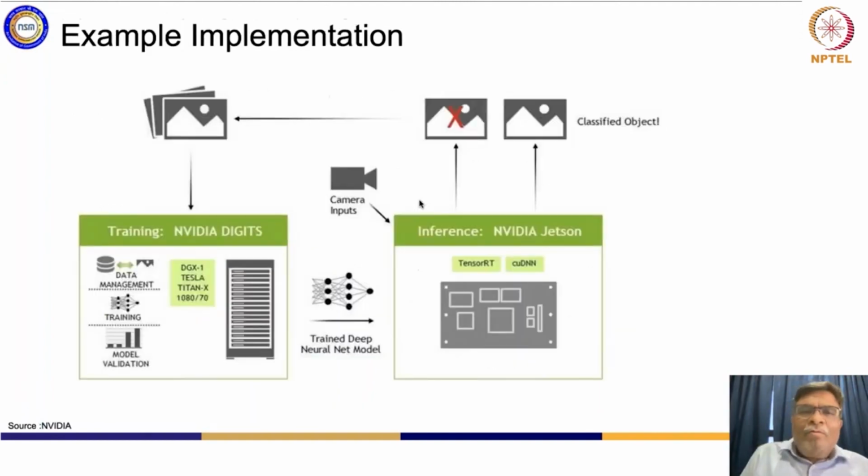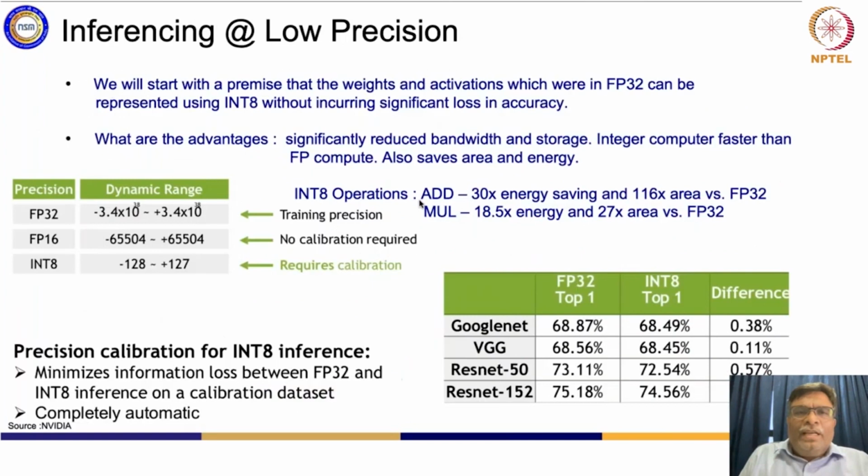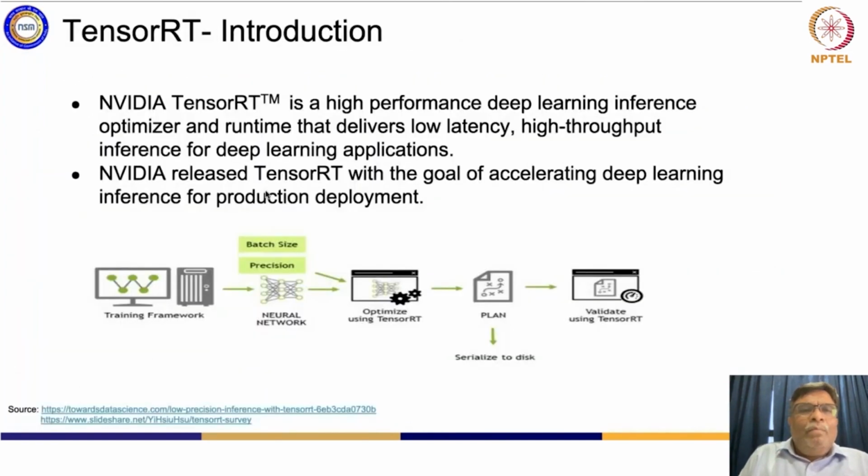So whatever we were talking of all of this, okay, actually is taken care by this TensorRT. So the goal is that we would be accelerating deep learning inference for production deployment. Now what does it mean? See here, this is our training framework on DGX and all. Our neural network is trained.